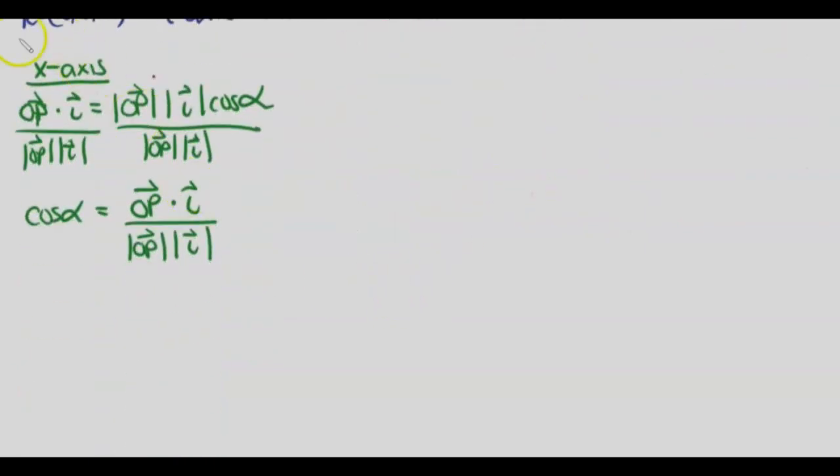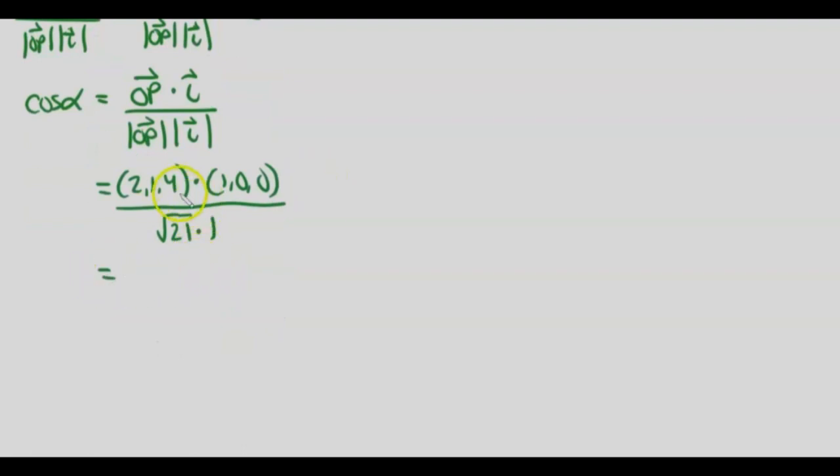So going back to this equation here, we have vector OP dot vector I. So let's go ahead and sub in 2, 1, 4, and we're going to dot it by 1, 0, 0. And then we're going to divide it by root 21 times 1.